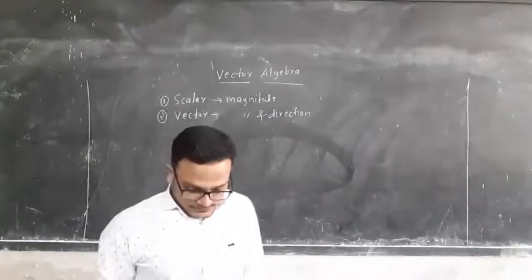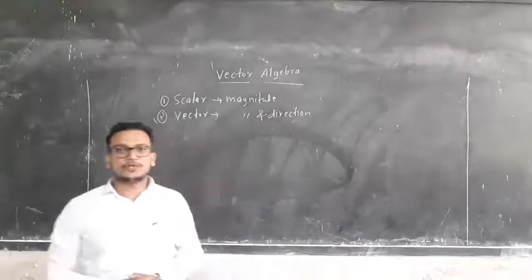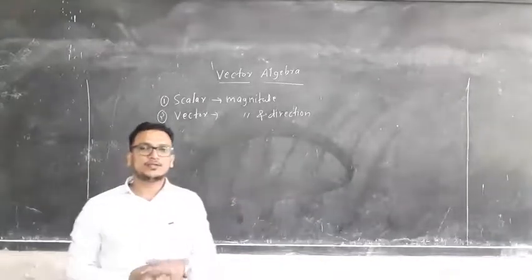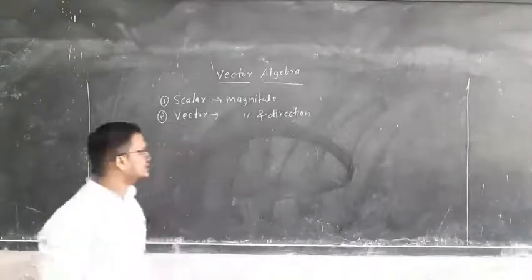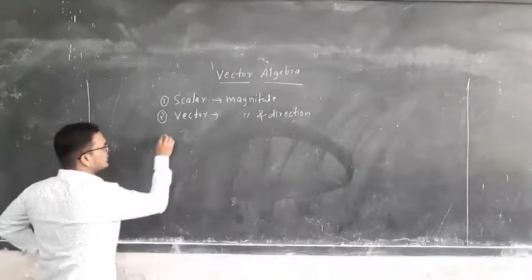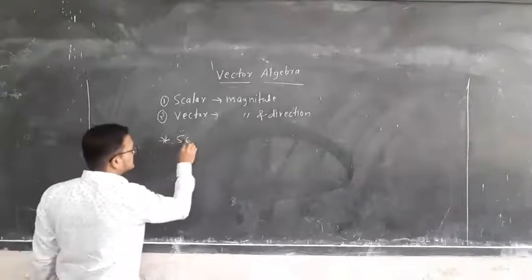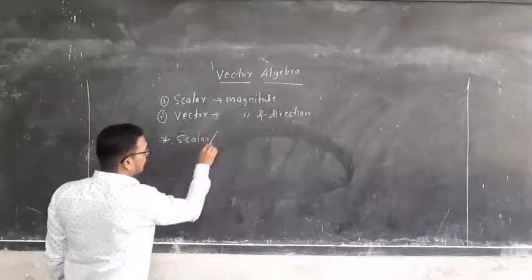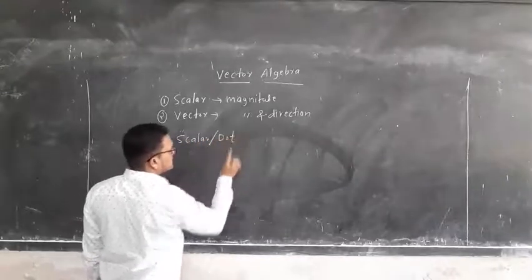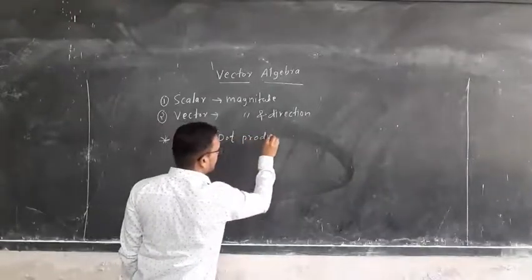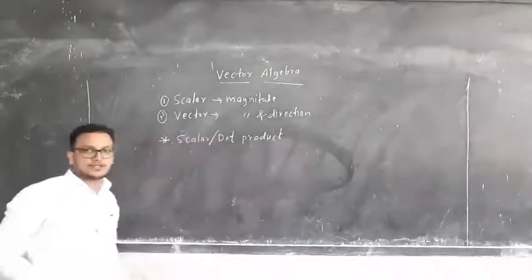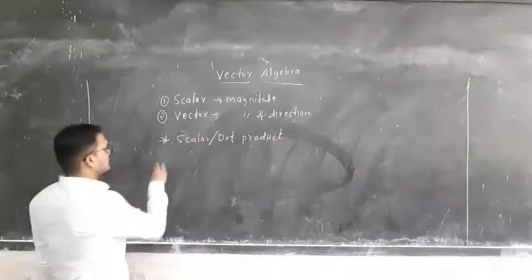In this topic you are going to learn three major concepts. First is scalar or dot product of two vectors.